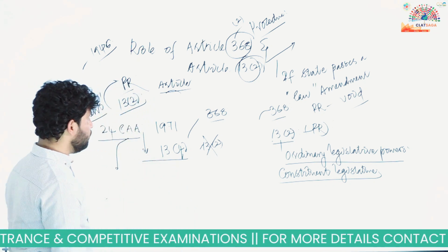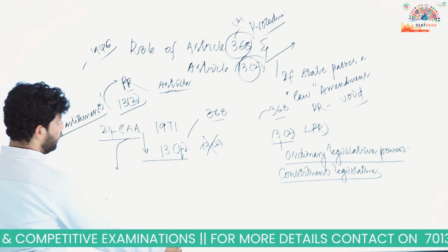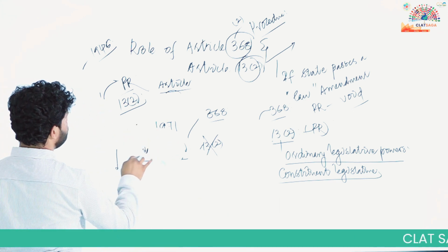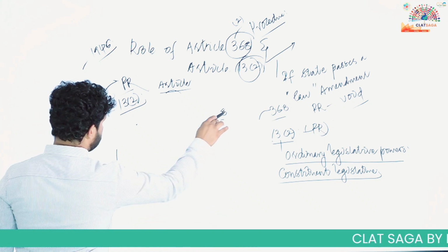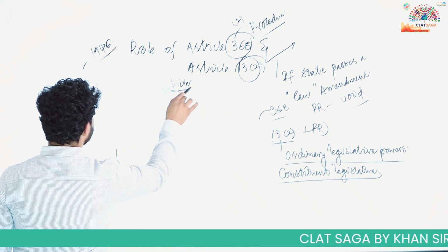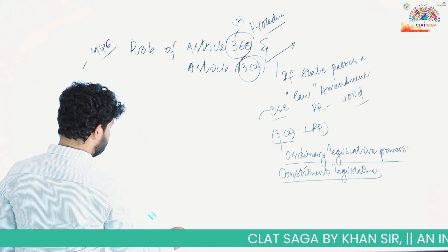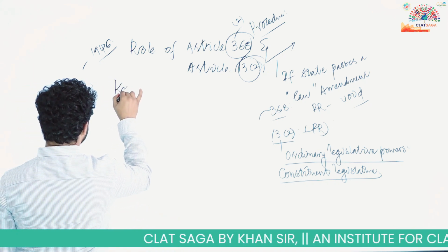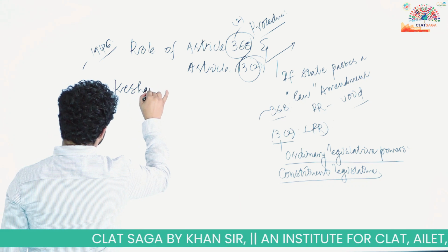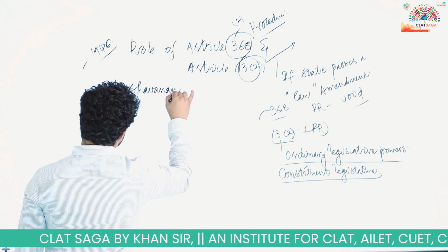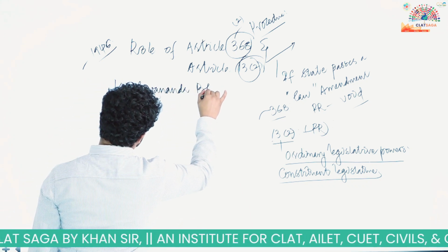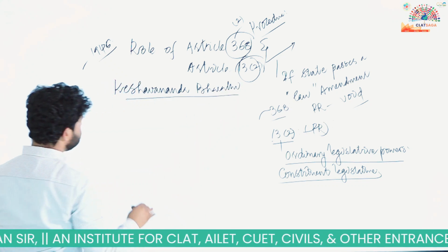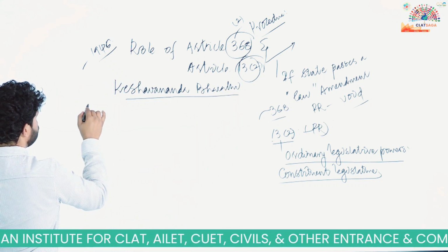This again became a controversy, and again it led to clashes between Article 368 and Article 13 subclass 2. Then in the year 1973, the Keshavananda Bharati case, a writ petition against the State of Kerala, was filed in the Supreme Court of India.